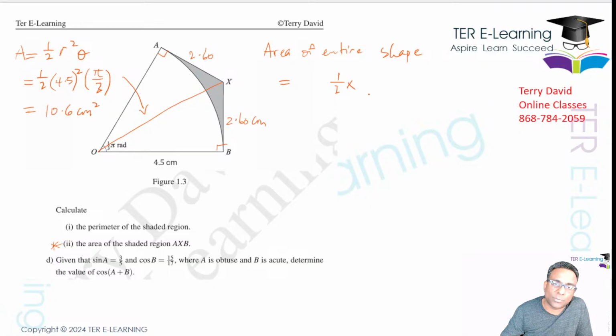It doesn't matter which one you take, but 4.5 multiplied by 2.60. That's the area of one triangle, but you have 2 of them, so you multiply by 2. That is simply 4.5 multiplied by 2.6, and you get 11.7. So 11.7 cm squared is the area of the whole shape.